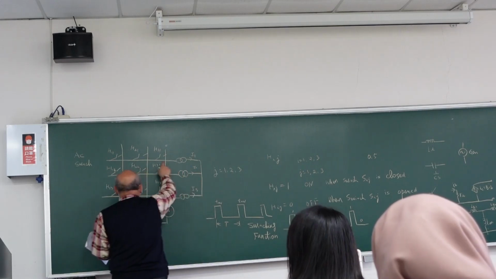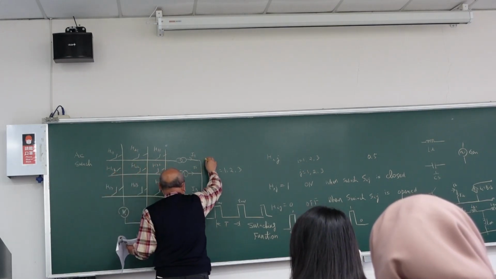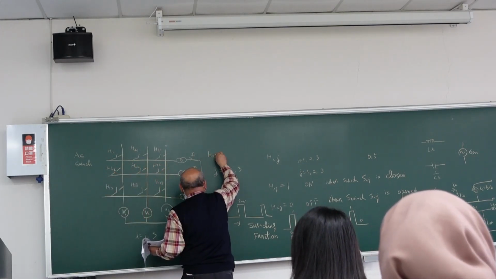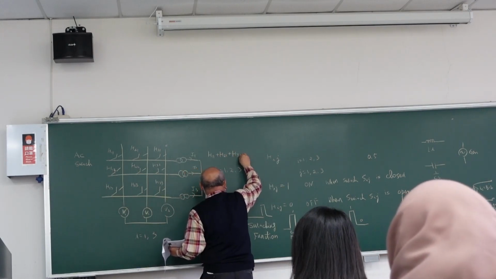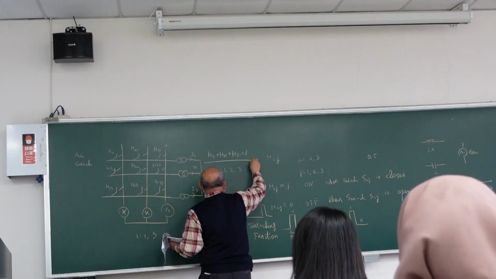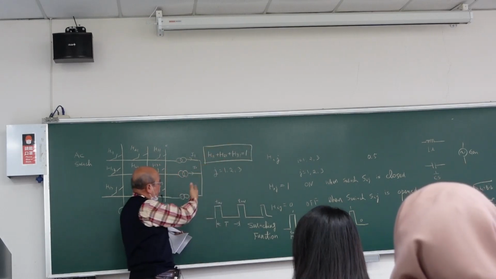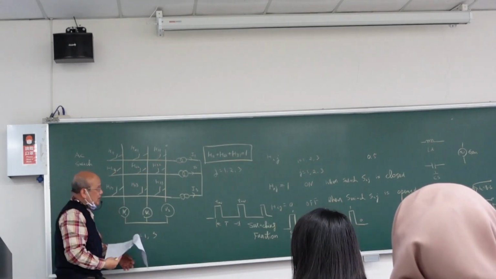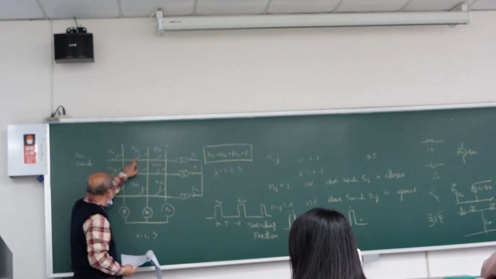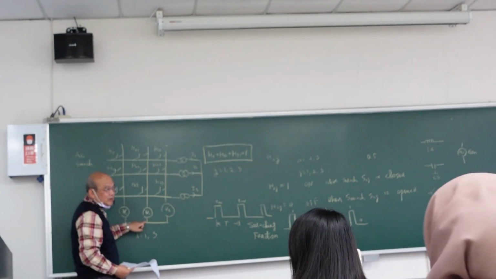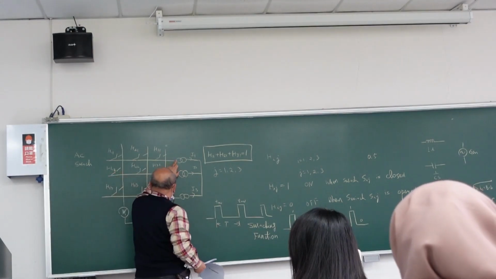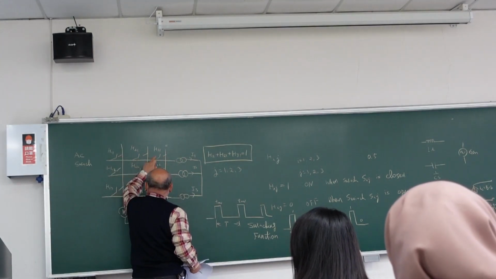So if I want to describe this, then I can say H11 plus H21 plus H31 has to equal 1. So this is the switching function. If it is equal to 2, then 2 switches are turned on. Then what happens? Short circuit. If this is 0, then no switch is turned on.